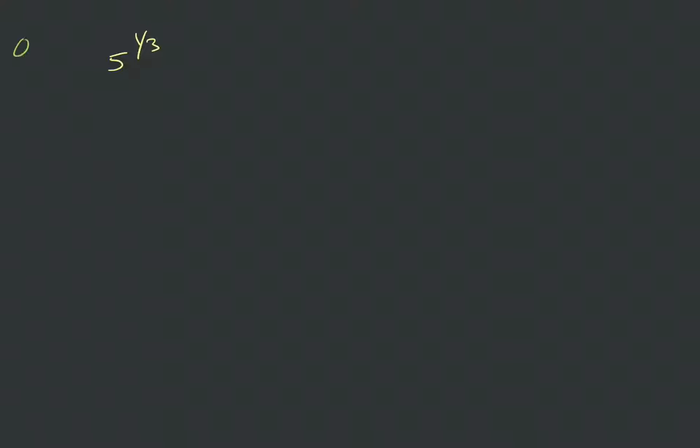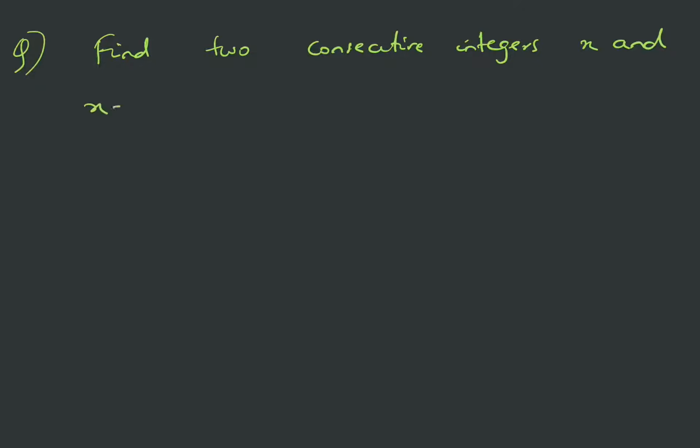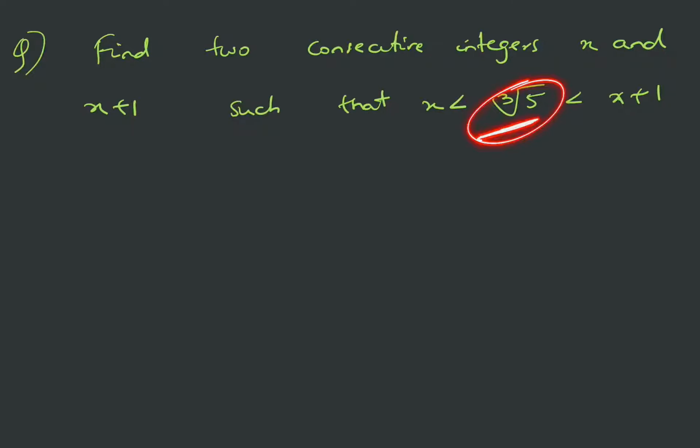For example, the question is that find two consecutive integers x and x plus 1, such that x is less than cube root of 5 is less than x plus 1. So you need to find two integers in between which the cube root of 5 lies.